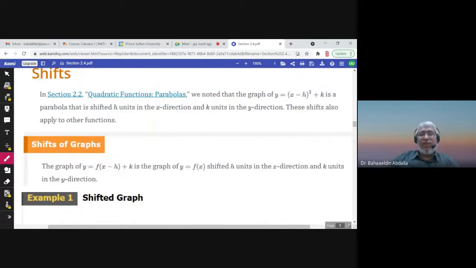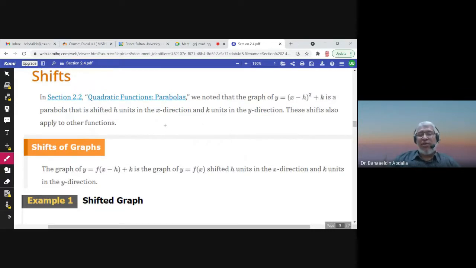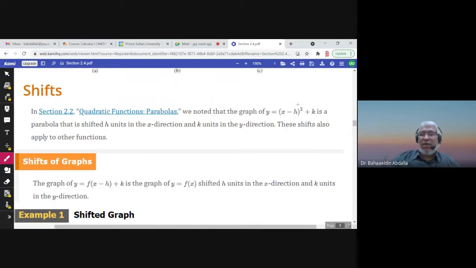Now for shifting, we studied the parabolas in 2.2, and we said that we can sketch the graph of this parabola by shifting the graph of the original parabola, which is y equals x squared, h units in the x direction.